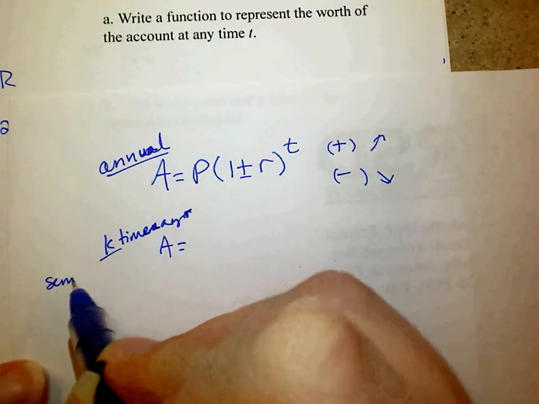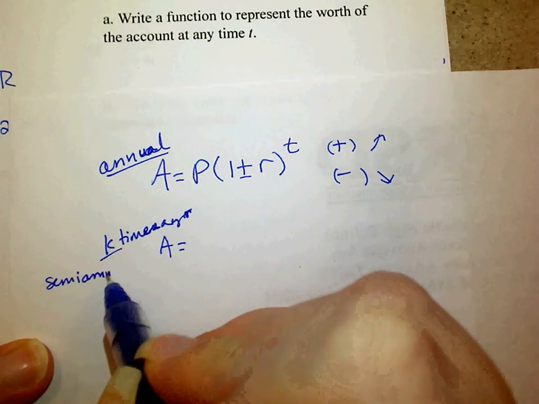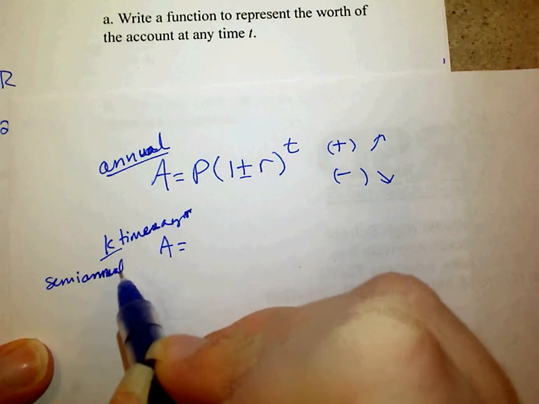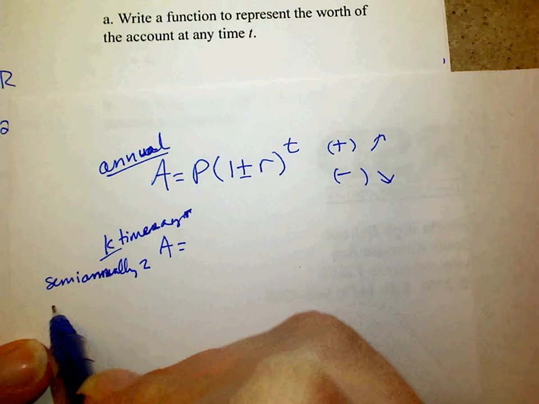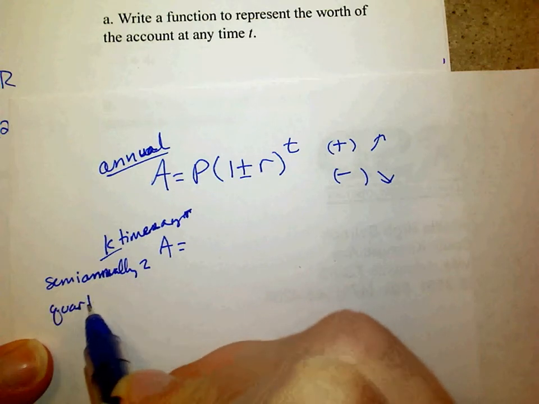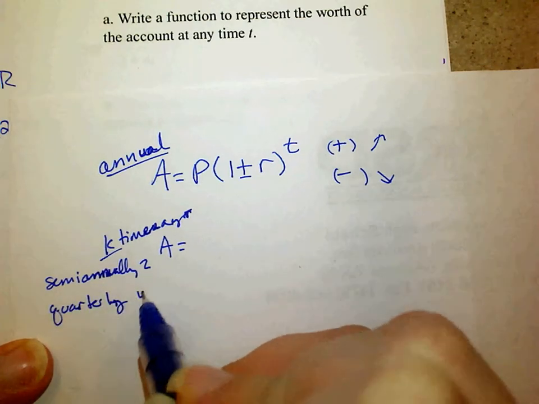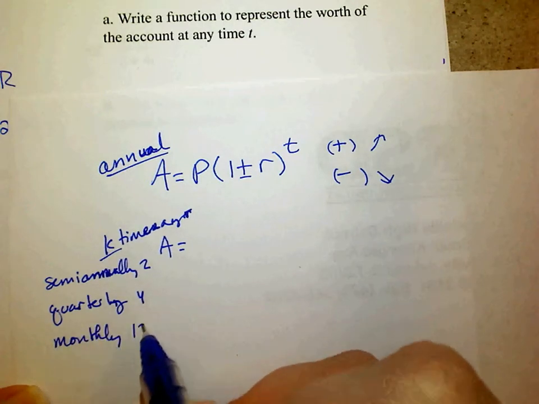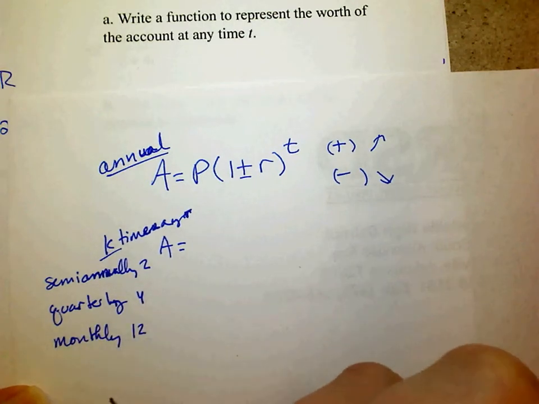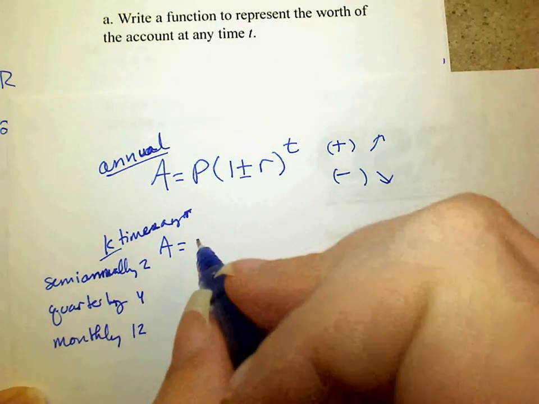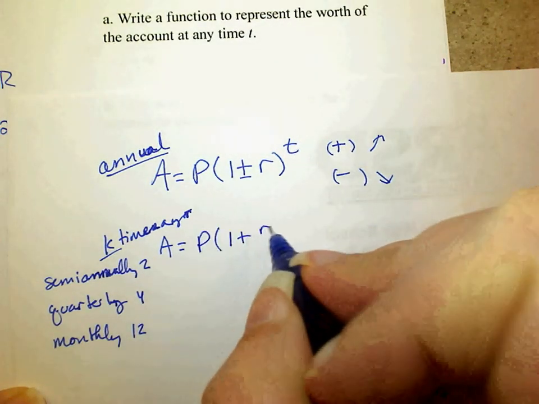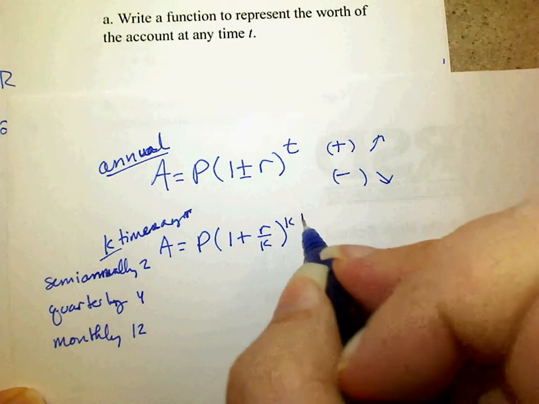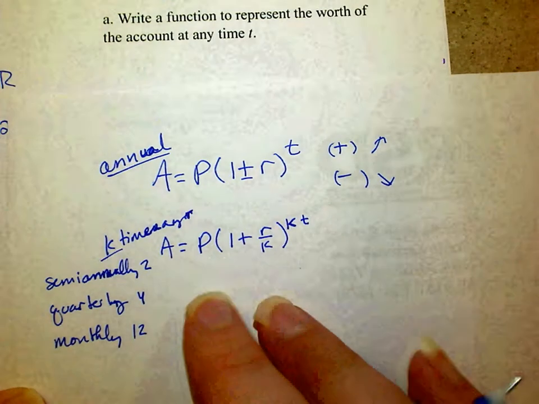Annually is once. Semi-annually means 2 times a year. Quarterly means 4 times a year. Monthly means 12 times a year. Weekly, 52. Daily, 365. So this is principal times 1 plus r over k to the kt. This is specifically investing money k times a year.